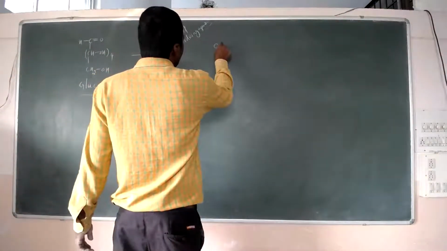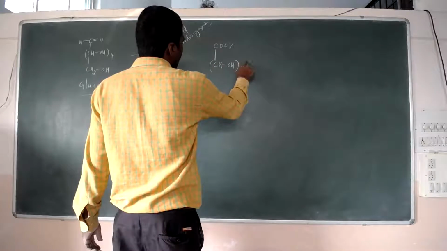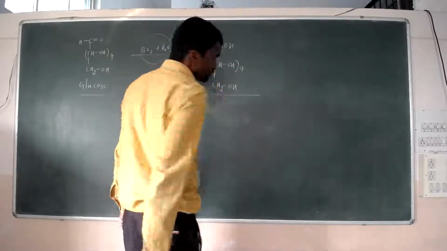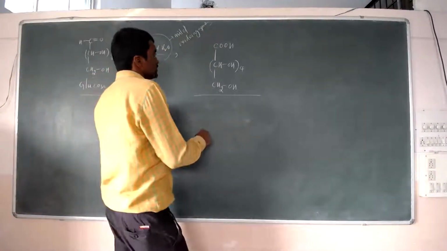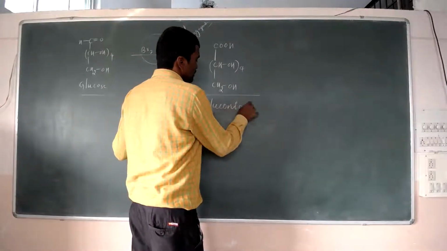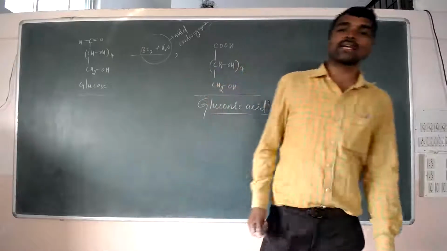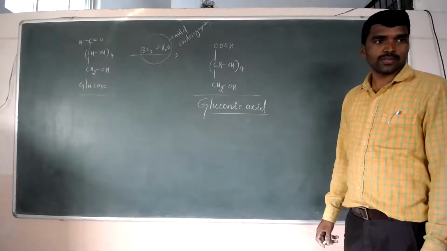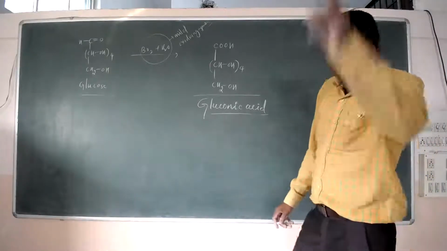The product is COOH, up to CH2OH, which is gluconic acid. By this gluconic acid, we can confirm that.